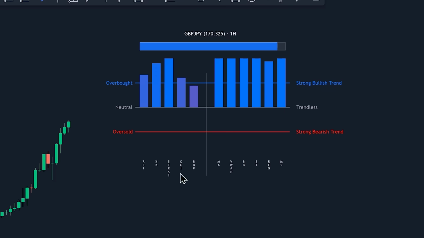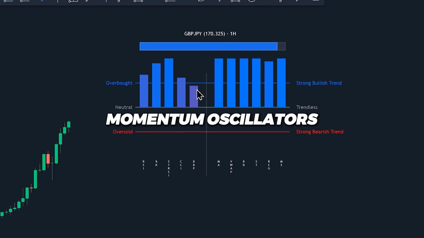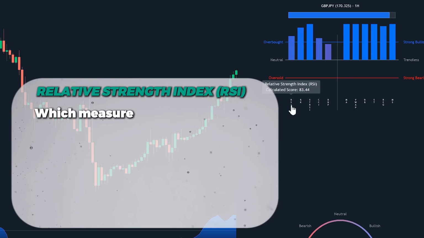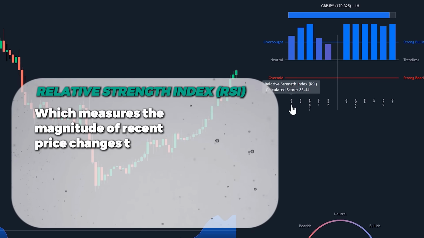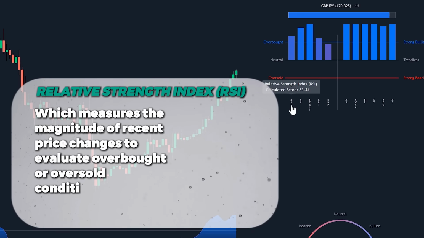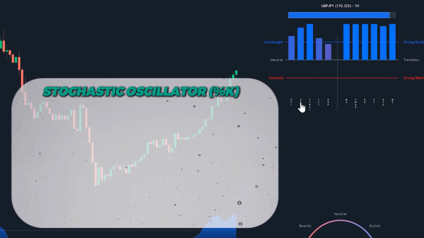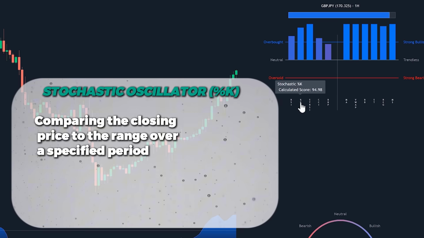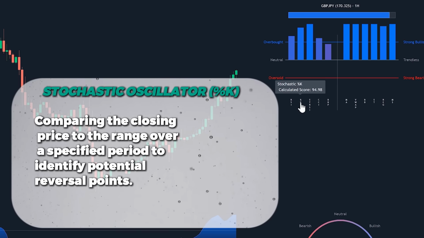Now, on the left side, we have momentum oscillators, each with their own overbought and oversold levels. We have the Relative Strength Index, which measures the magnitude of recent price changes to evaluate overbought or oversold conditions. Next, there is the Stochastic Oscillator, comparing the closing price to the range over a specified period to identify potential reversal points.